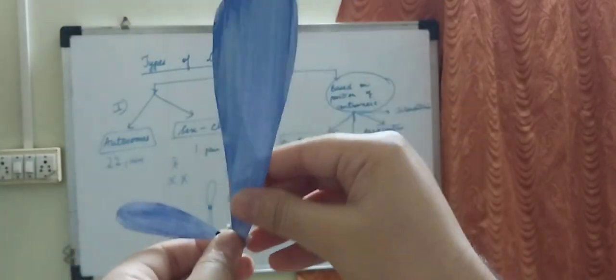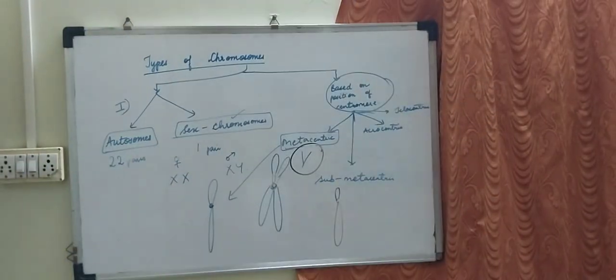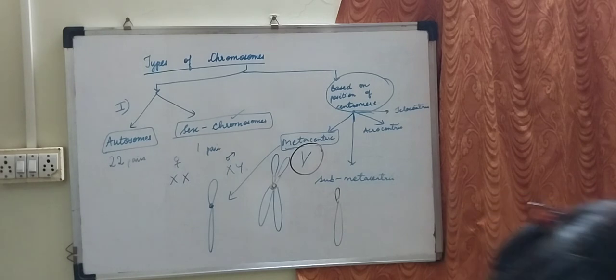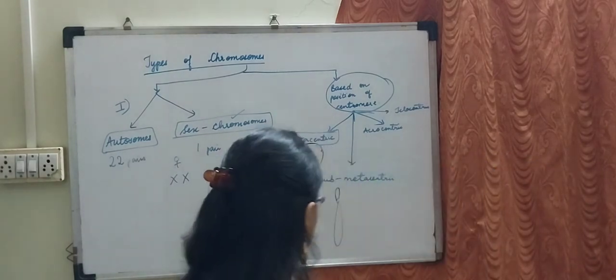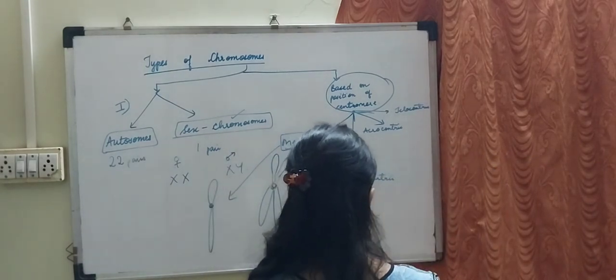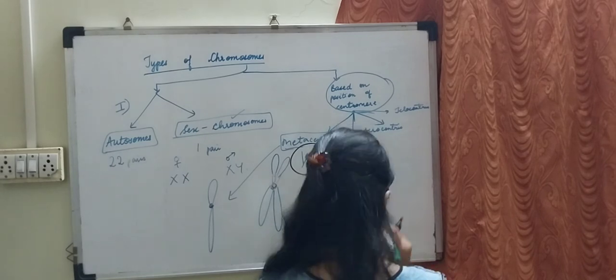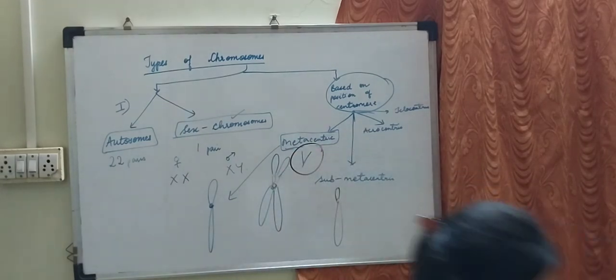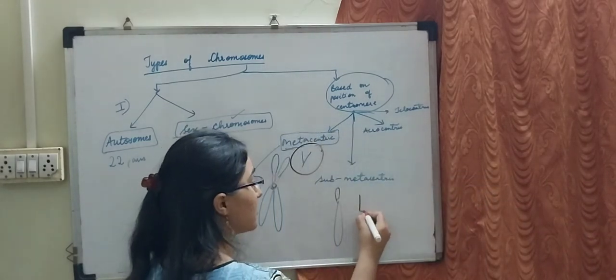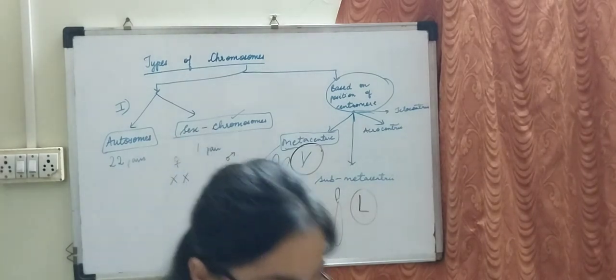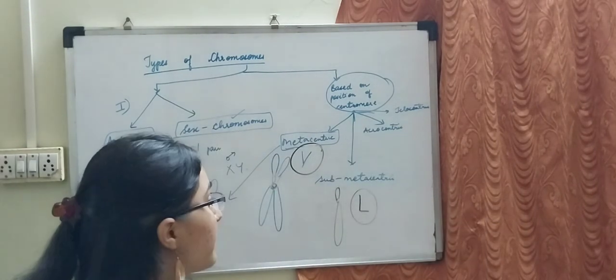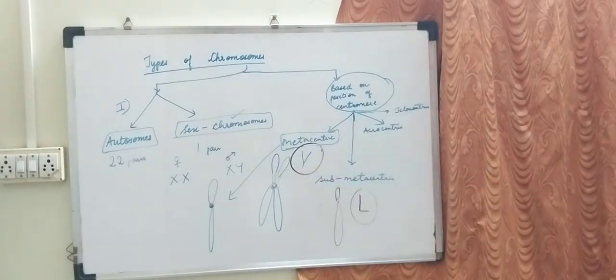An L shape. So the shape looks L shaped. Now the pens have stopped working, they are also tired, I feel. So this is an L-shaped chromosome.